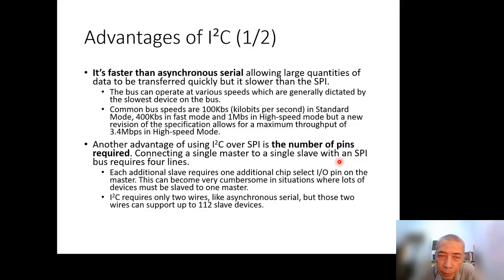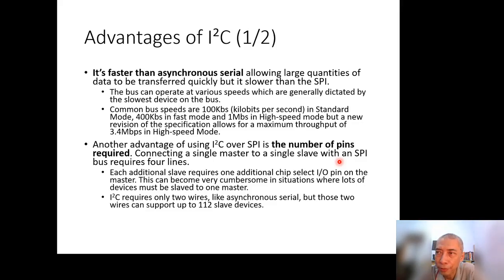We talk about the SPI features in the next lecture. This can become very cumbersome in situations where lots of devices must be slaves to one master. Just remember, I2C requires only 2 wires, but SPI is 4 wires, like asynchronous serial, and those 2 wires can support up to 112 slave devices.